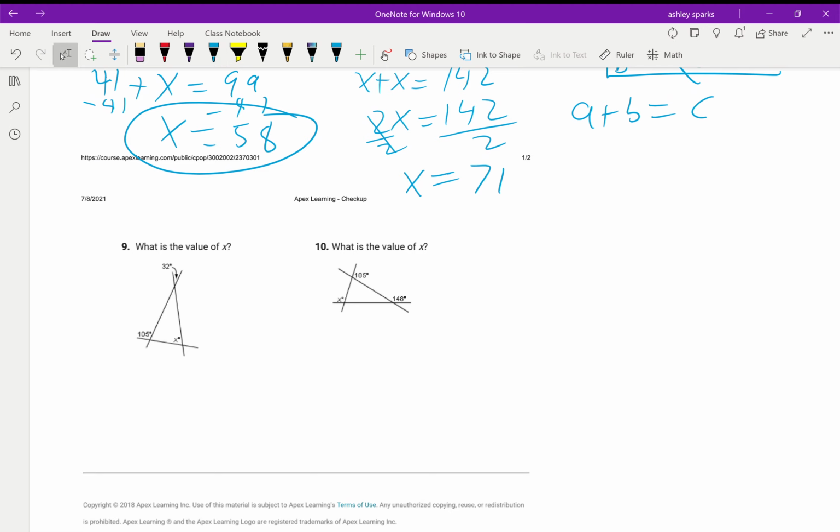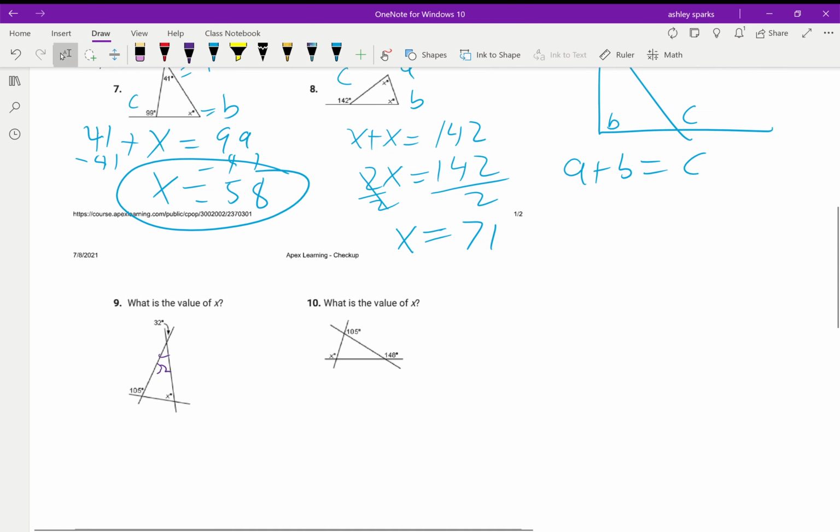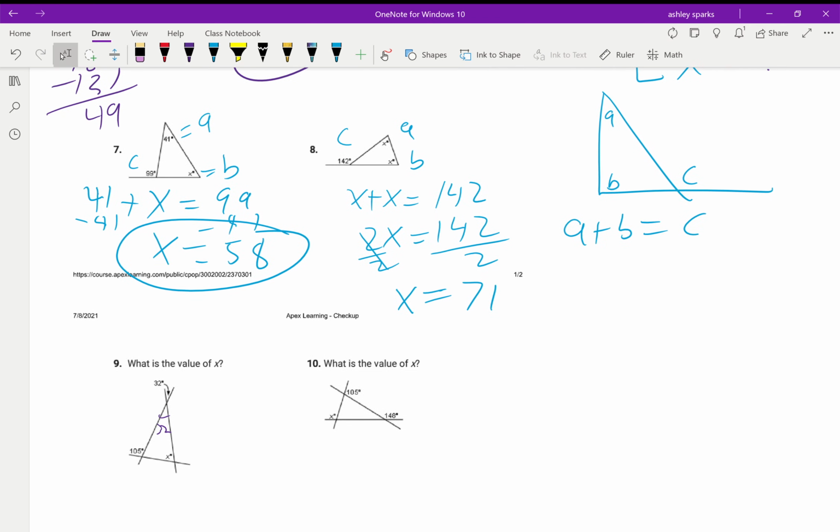Our last ones combine a lot of different things that we've learned throughout the course. So, for example, I see the 32 here. Remember, vertical angles are congruent, which means I can move the 32 inside. Well, now I have a setup just like what I had here at 7.